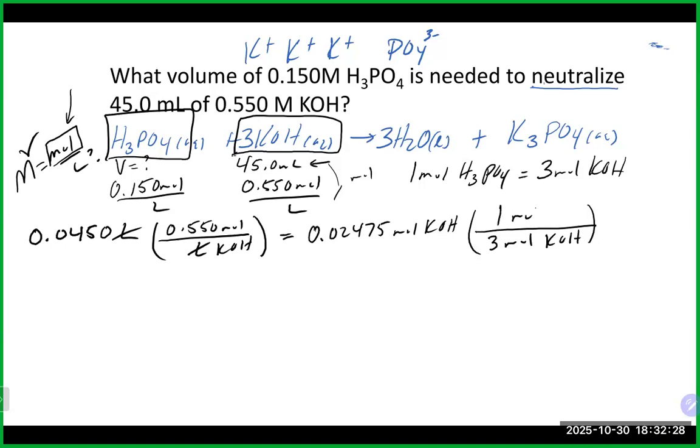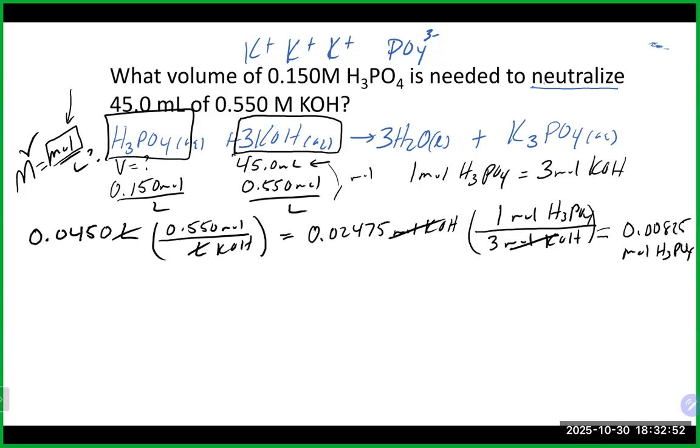The 1 mole of phosphoric acid will go up on top. The moles will cancel. Here we're basically dividing by 3. So anything on the bottom gets divided, and that will end up with 0.00825 moles of phosphoric acid.